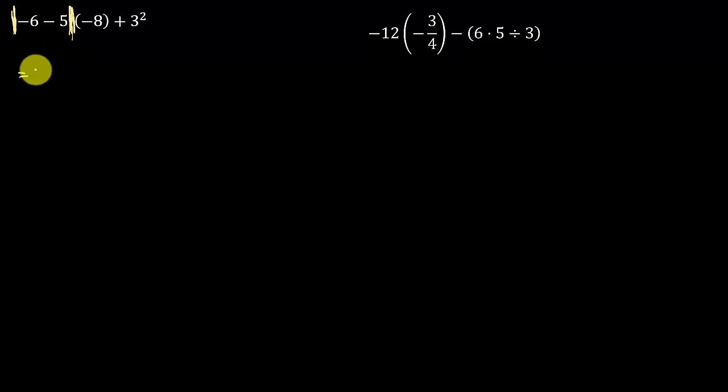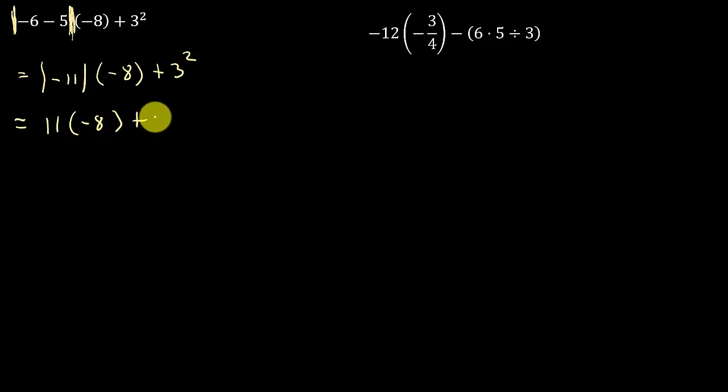All right, so I've got -6 minus 5, which would give me the absolute value of -11 times -8 plus 3 squared. All right, and then I'm going to take the absolute value of -11, and we know absolute value is positive, so that's going to be 11 times -8 plus 3 squared.